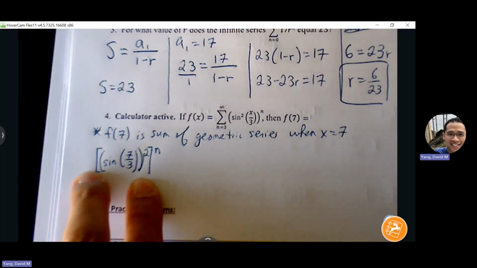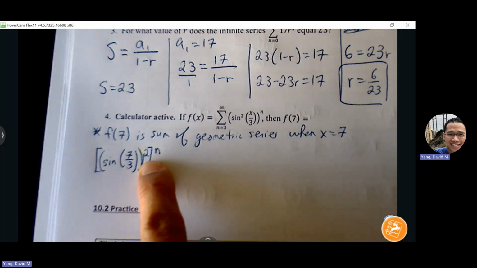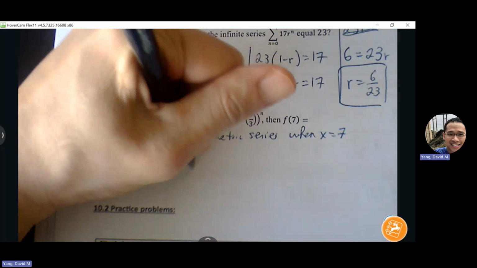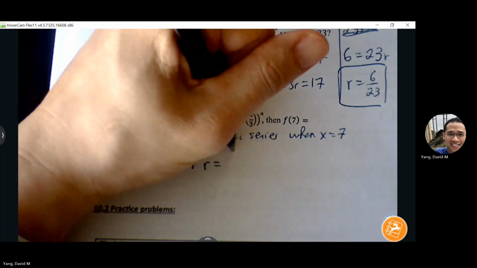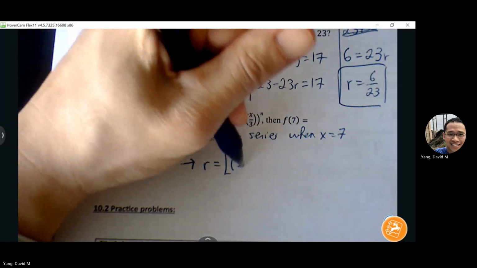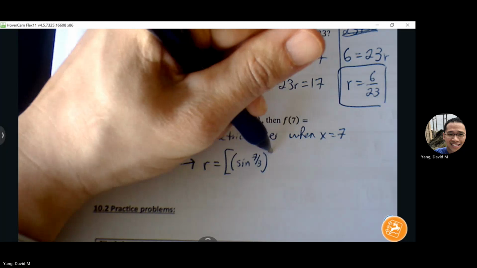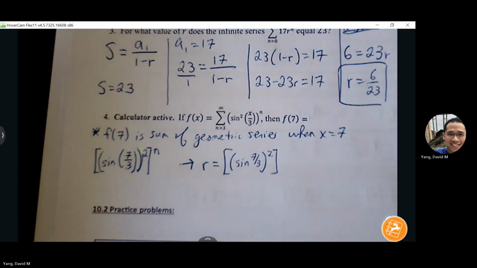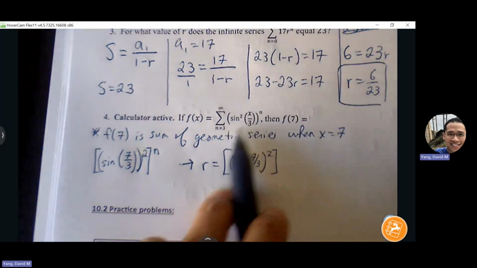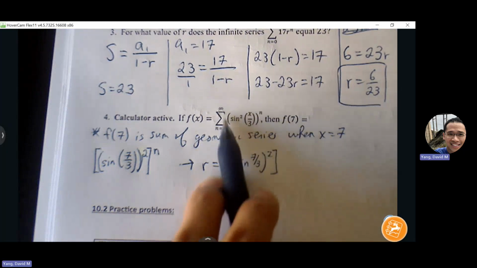So this is my ratio, right? This is my r to the n. My r includes that squared there, right? So that's my ratio. Okay, so I'm going to just show that r is. And then my a sub 1 is just replacing n with 3 and then getting that a sub 1 value.